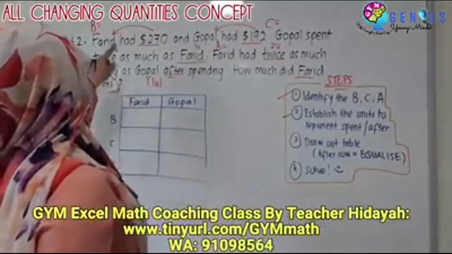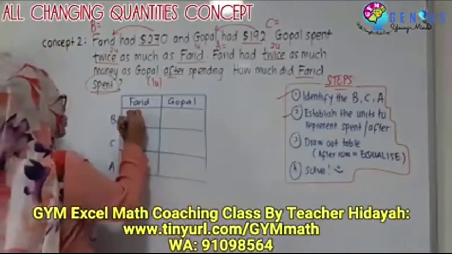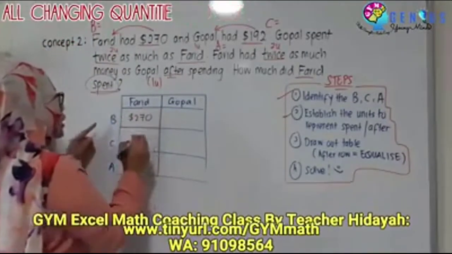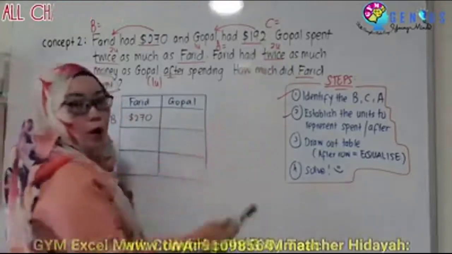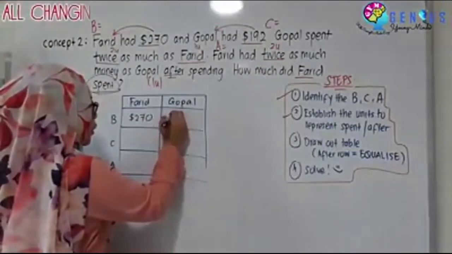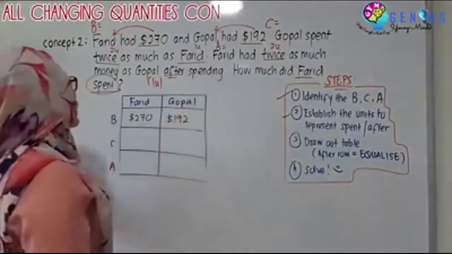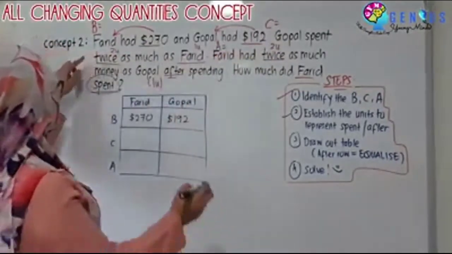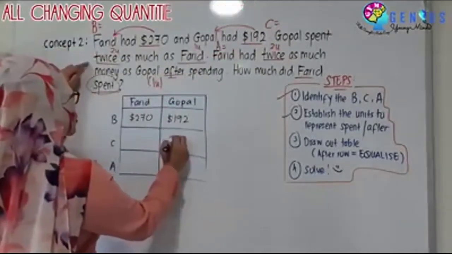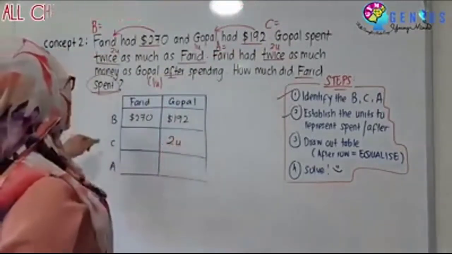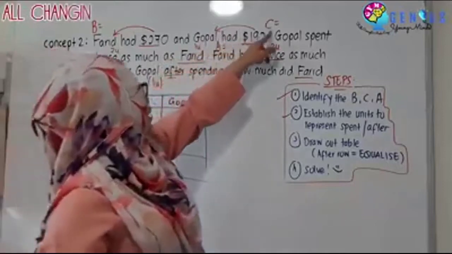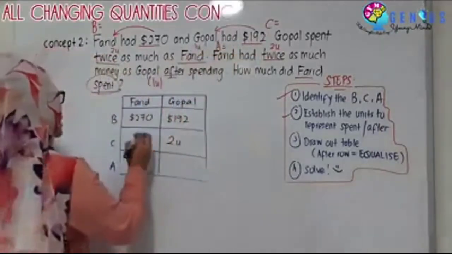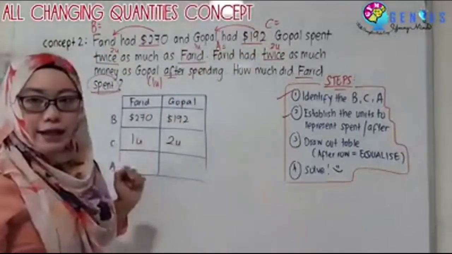So before Farid, how much does he have? He has 270. We put the 270. Before Gopal, he had $192. So we put 192. Then change Gopal. Change Gopal spent 2 units. Okay. Then change Farid. Change Farid spent 1 unit. Understand?